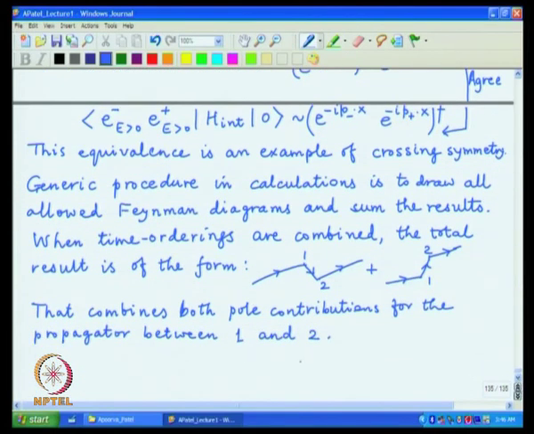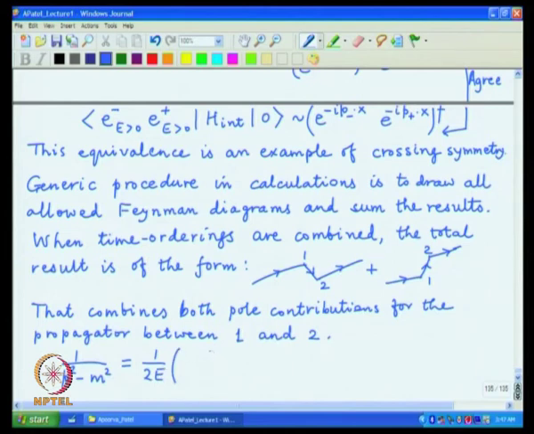In practice, this happens automatically because of the algebra which we have constructed with the prescription of i epsilons, when one has 1 over p square minus m square regulated in terms of two different poles.